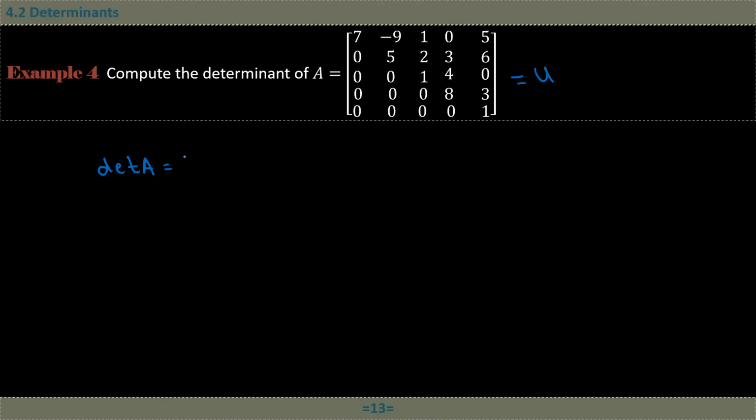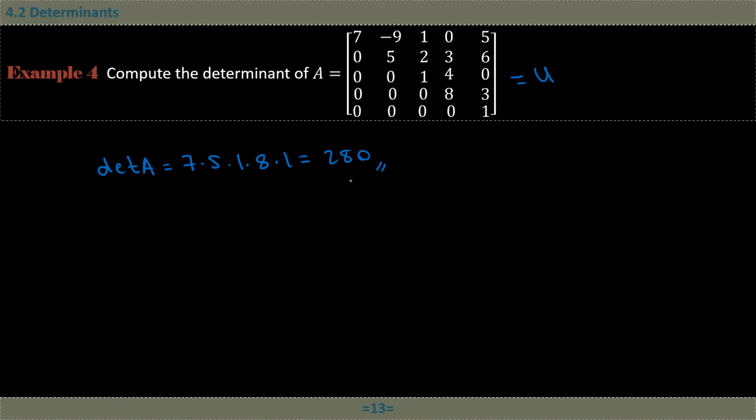So that's equal to 7 times 5 times 1 times 8 times 1, which is 35 times 8, equal to 280. I guess 8 times 30 is 240, plus 8 times 5 is 40. The sum is 280.